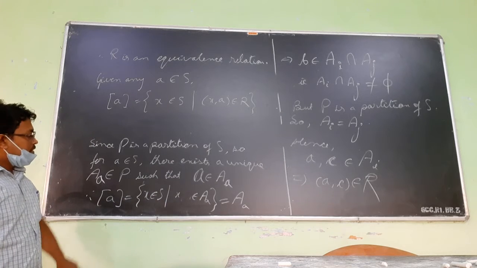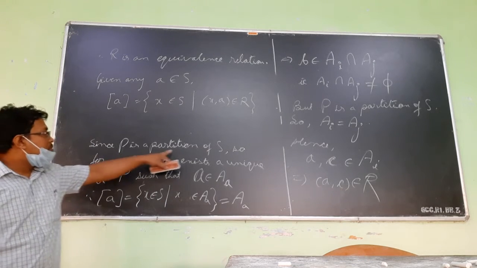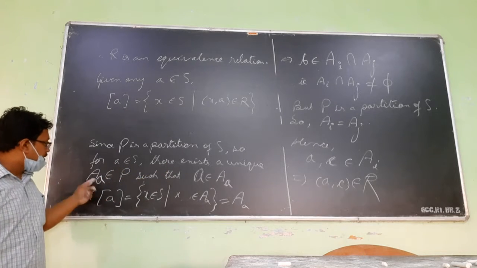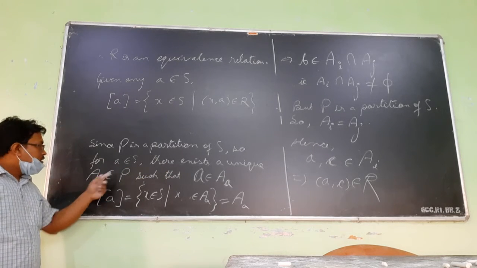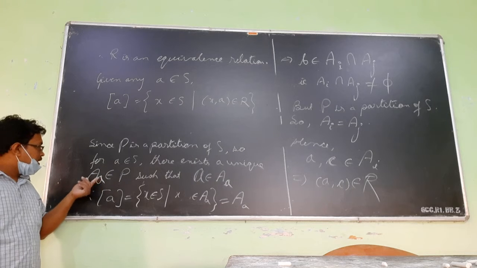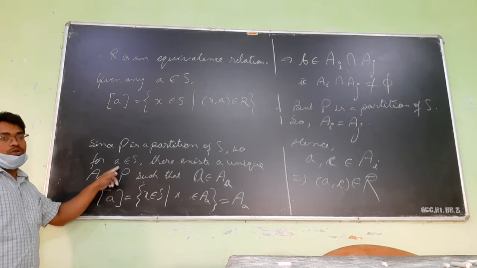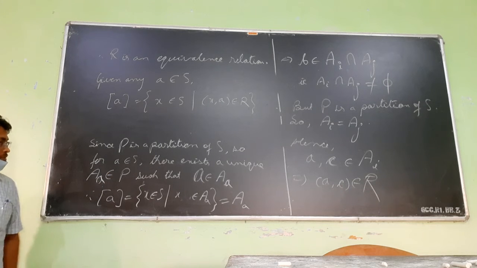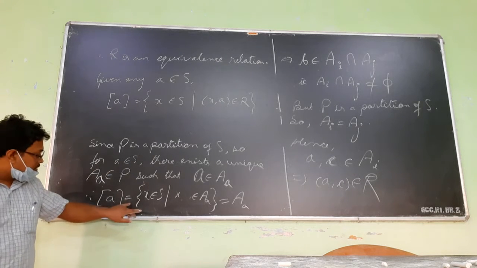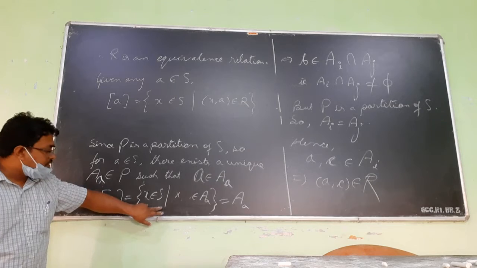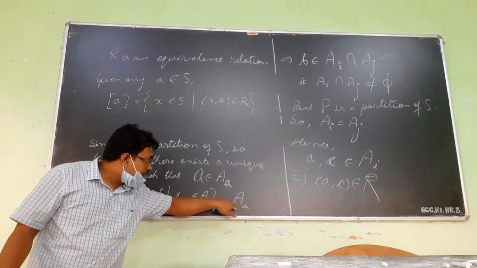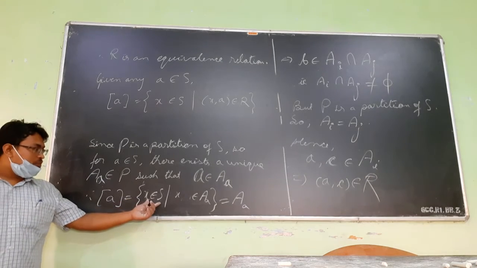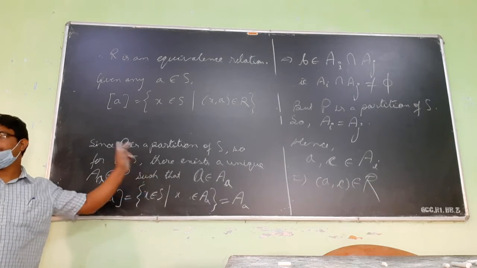But since P is a partition of S, for A in S there exists a unique A_A. This A_A is the set to which A belongs. There is only one such set where A will belong. So the equivalence class of A is nothing but all those elements of S which belong to A_A.